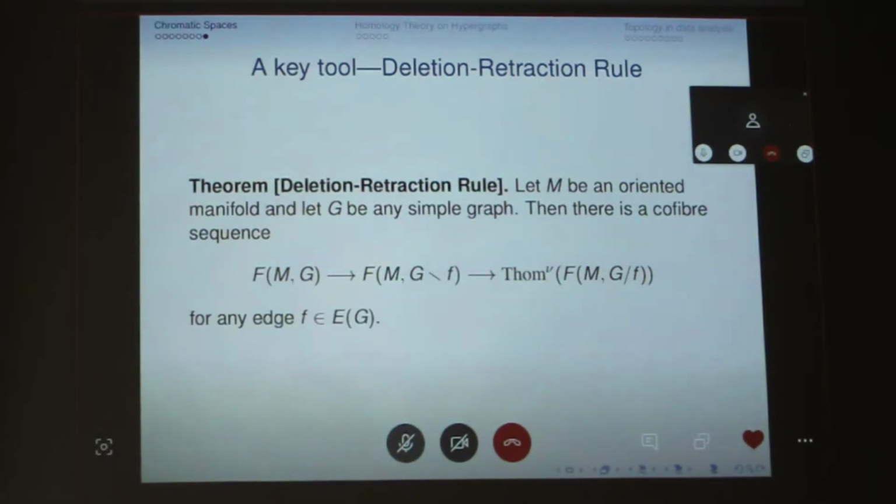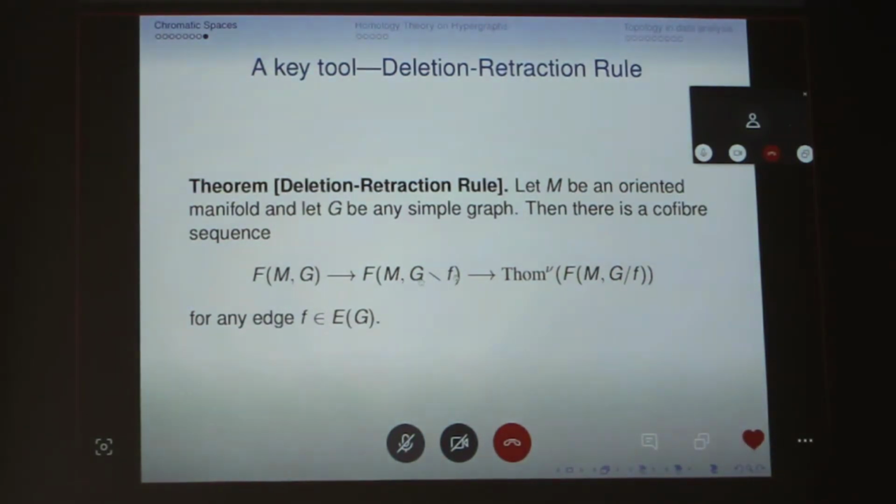But on the other hand, if you think about graph theory, something related to these chromatic polynomials, people in graph theory always look at the deletion-contraction rules for graphs. Basically, delete one edge and glue two vertices together.